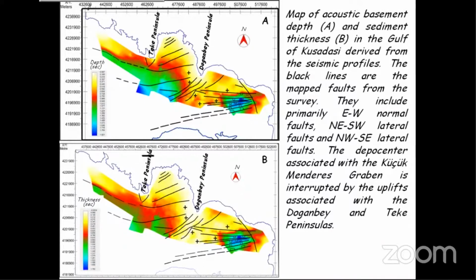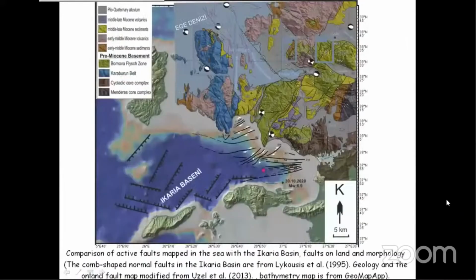We produced the map of acoustic basement and the sediment thickness map, and we correlated with the active faults on land and under the water, under the sea, and also as the results of all of the interpretation and comparison of the data on land and under the sea, we produced these active tectonic maps. You can see the location of the Samos earthquake here.